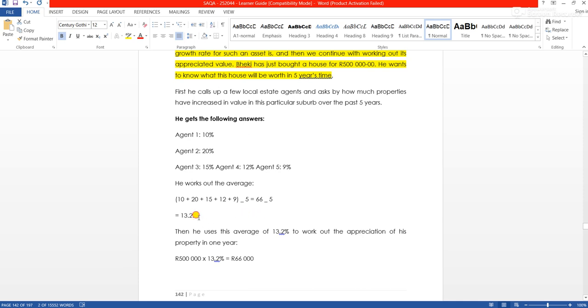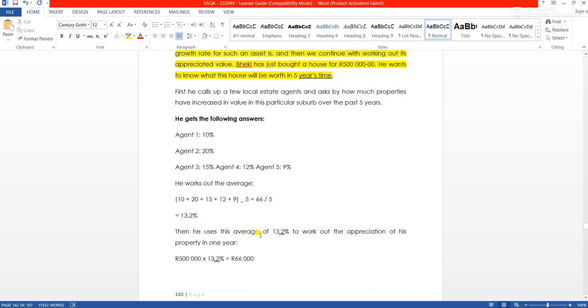So how they got 13.2 is that they divided 65 by 5, and it will give you 13.2.